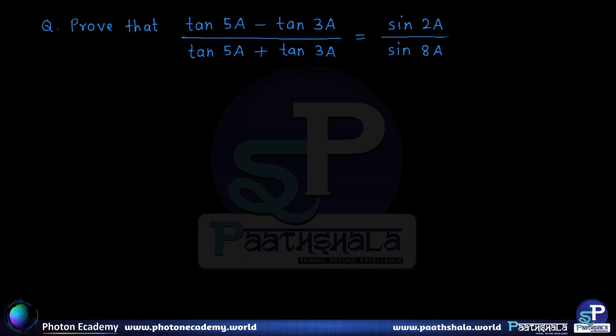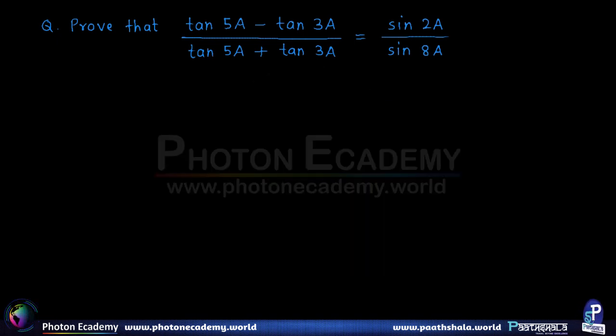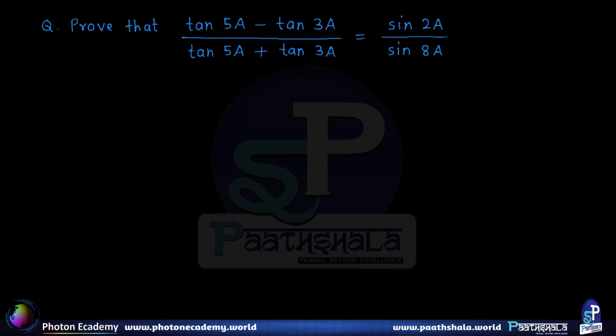Now here we have to prove tan 5a minus tan 3a upon tan 5a plus tan 3a is equal to sine of 2a upon sine of 8a. Right? Now if you observe the connection between the different figures, that is 5, 3, 2 and 8, we can immediately sense that 5 minus 3 is 2 and 5 plus 3 is 8. And on the right side we have entirely sine terms, that is there is no cos or tan.